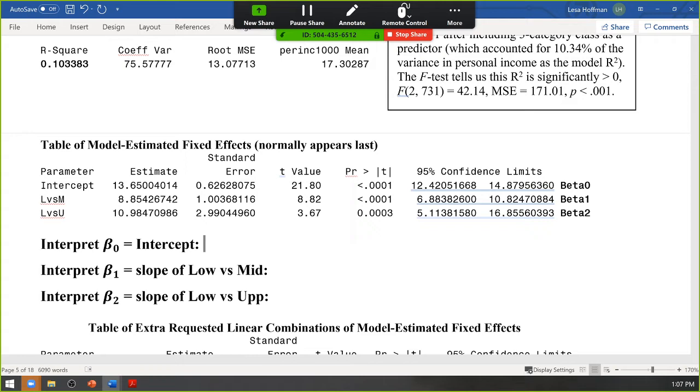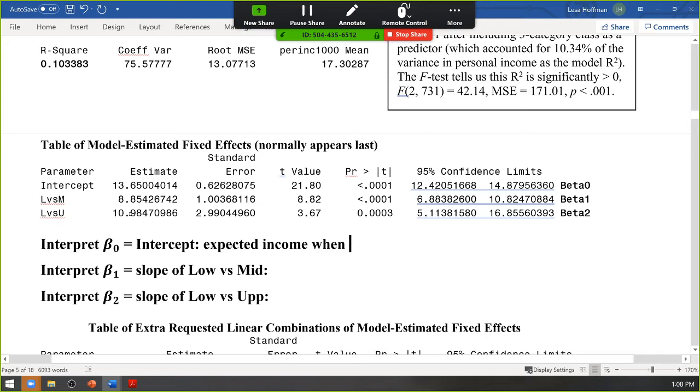Do you want to do the interpretations? Why not? How about I type them in front of you? So intercept. Intercept is always expected outcome when the predictors are 0. So putting that into this context, expected income when are my predictors 0? What does that mean?